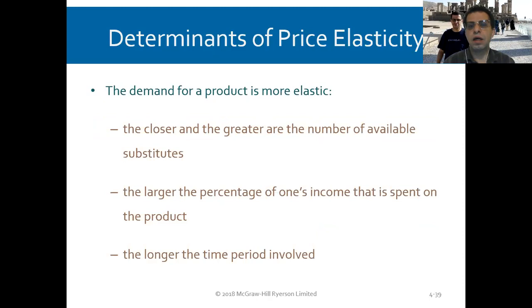So how do we determine the price elasticities? The demand for a product is more elastic the closer and the greater the number of available substitutes.